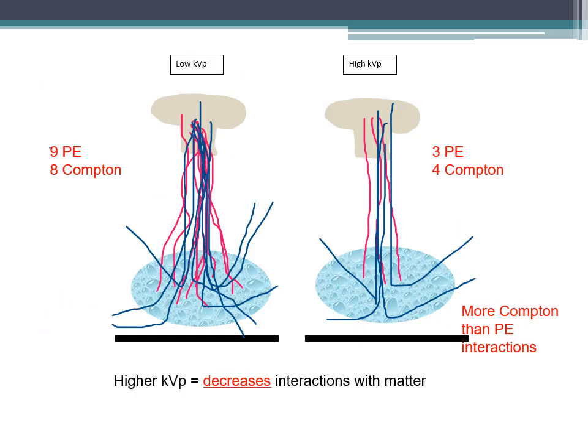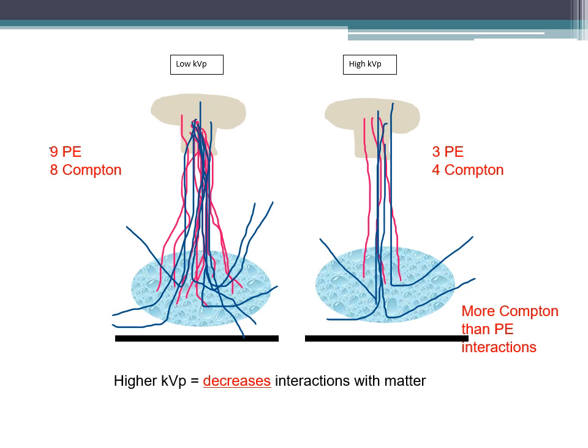So I went ahead and drew this ahead of time. If we have 9 photons that are totally absorbed, which are photoelectric, in red, at low kVp, compare that at high kVp with only 3, because photoelectric interactions decrease by a cubed effect. Then the 8 Compton interactions, which I'm showing in blue, decrease to 4 because they just decrease.